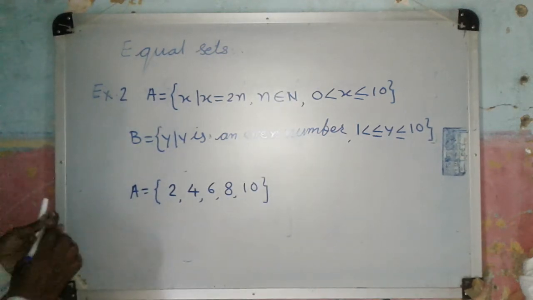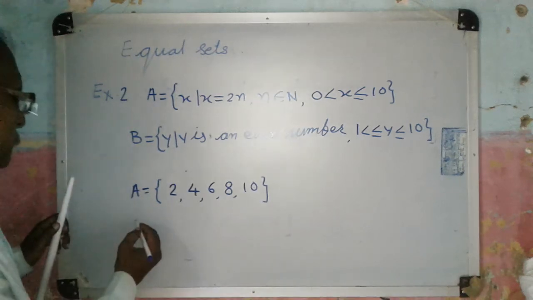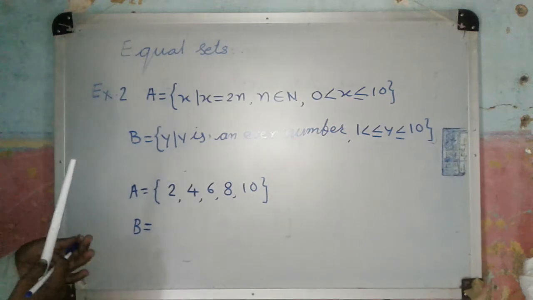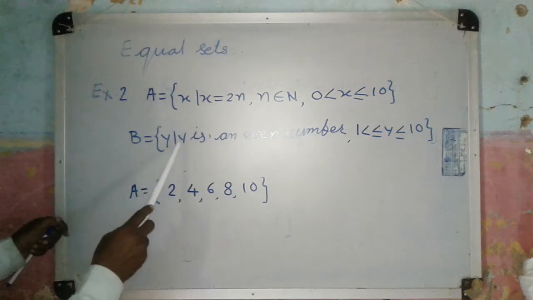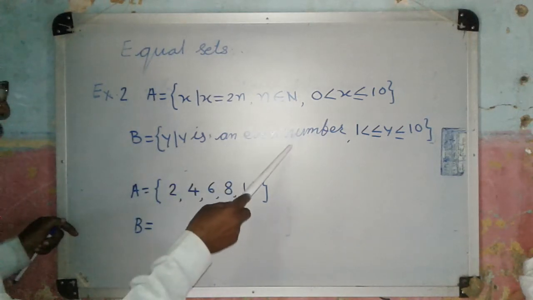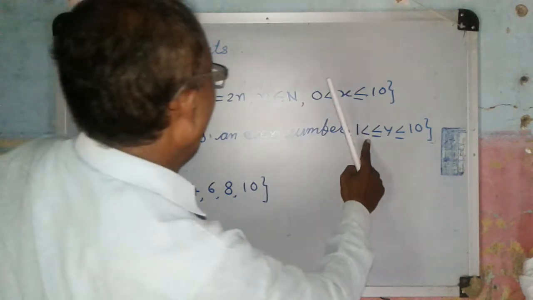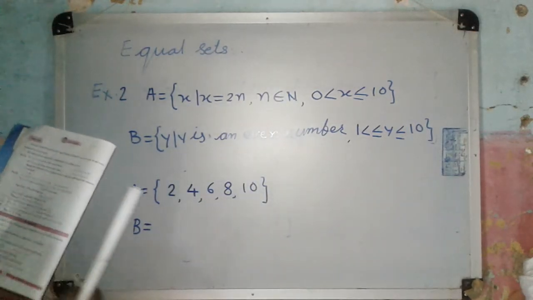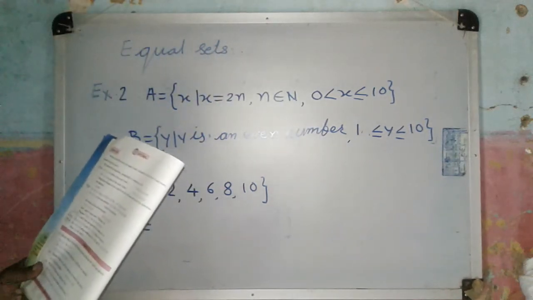These are the elements of set A. Now set B. B is the set of all y such that y is an even number, 1 is less than or equal to y is less than or equal to 10.